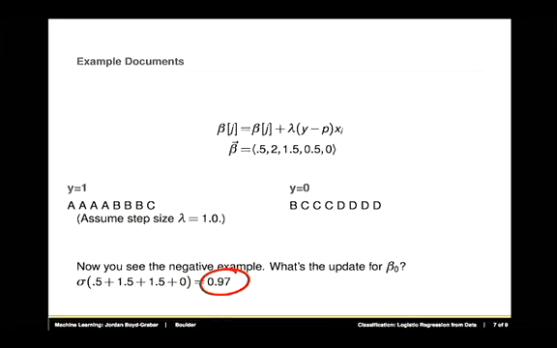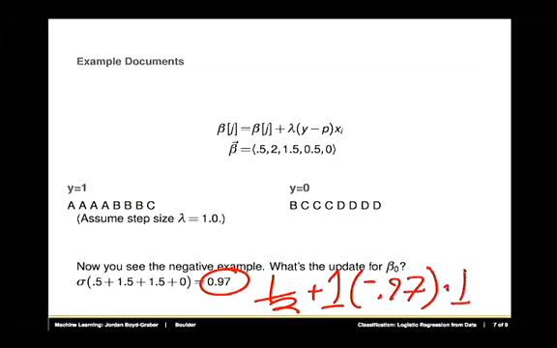So what was beta naught before? 1/2. And so then we add in lambda, which is still 1. If you're doing some sort of update of your step size, that might change, but let's just keep 1 consistently. And so now what is y minus the probability of y given x? Exactly. So we have minus 0.97 times 1.